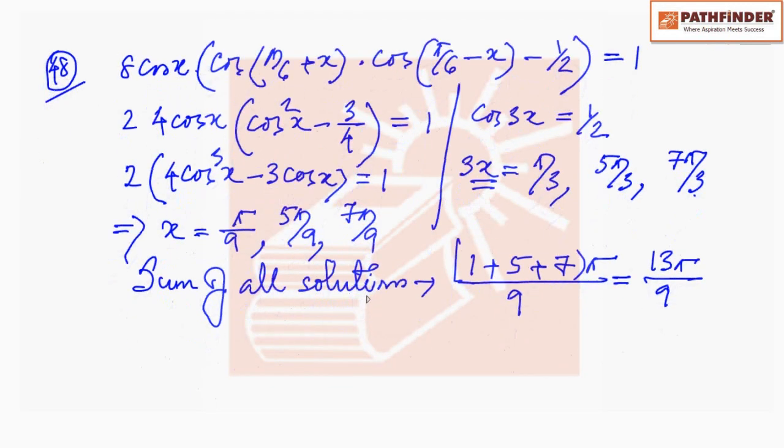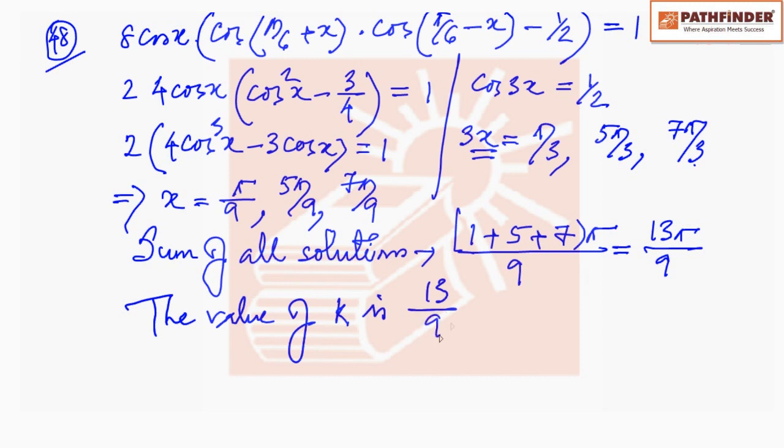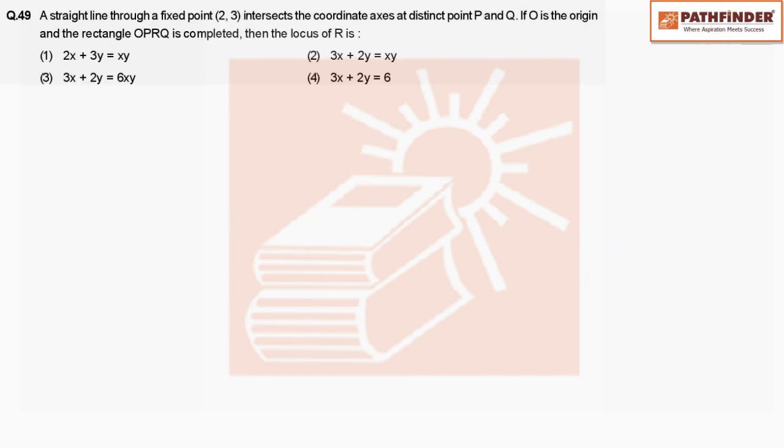So the value of k is 13 by 9. So solution is 1.